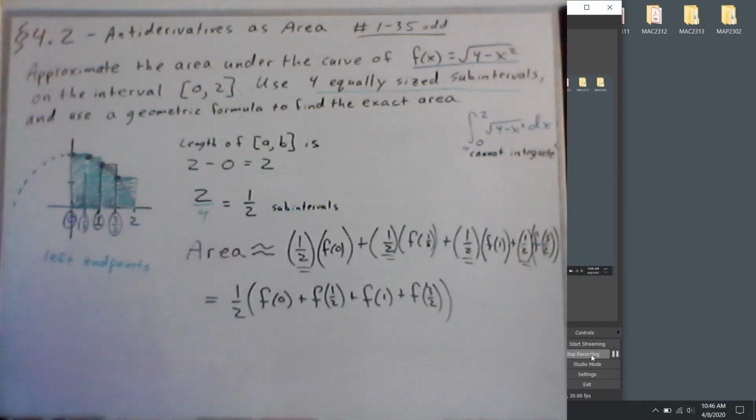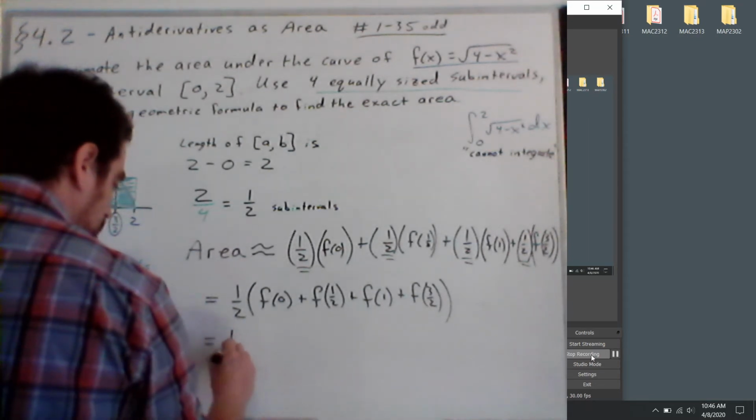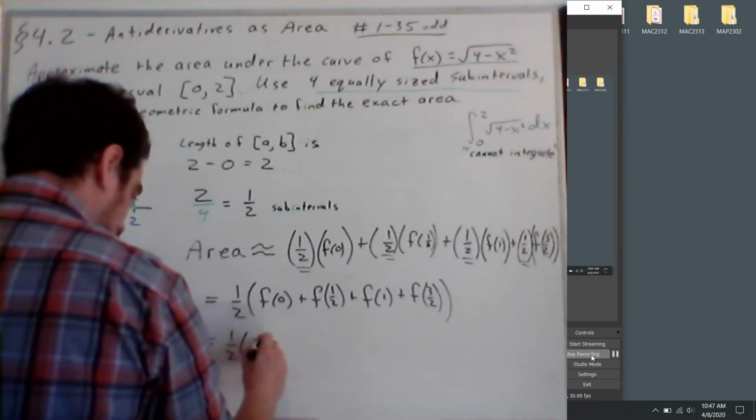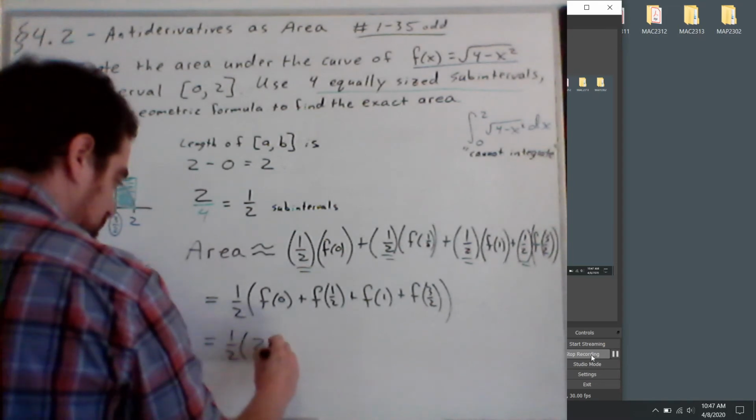And now concern ourselves with multiplying 1/2 by whatever all this stuff is. Now, we'll take it to a couple of decimal places here, because these are not going to be the nicest numbers, except the first one. f of 0 is 2.